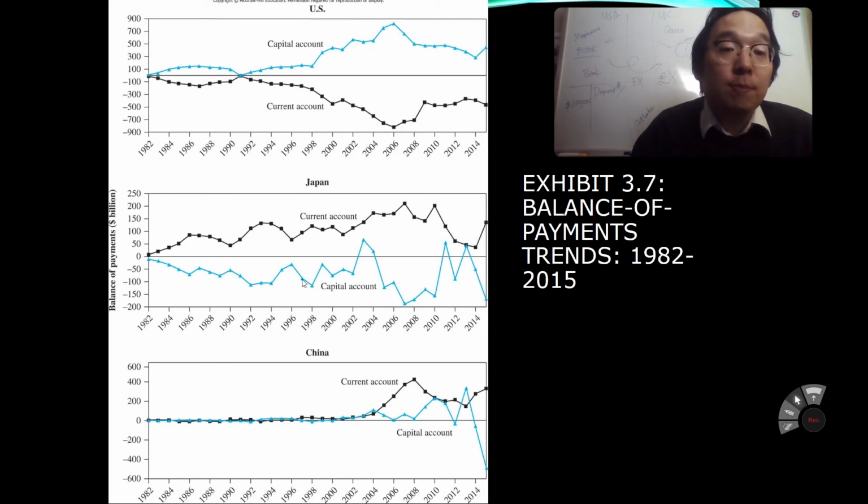Especially Japan: you see the current account has always been in surplus. China also, their current account has always been in surplus. They were exporting much more than they import from the United States. Toyota Motors, you can think about it, or Huawei these days.